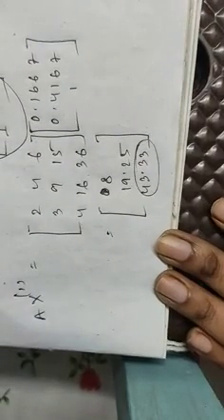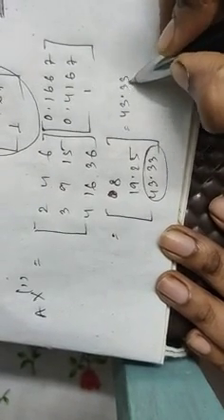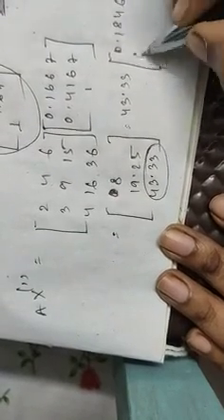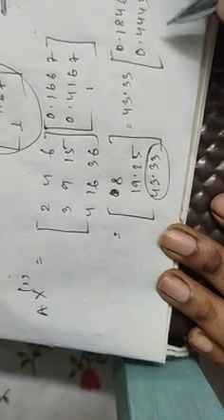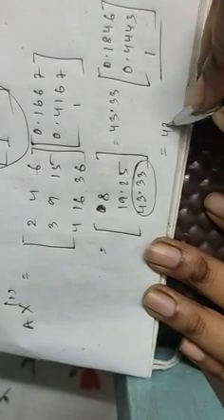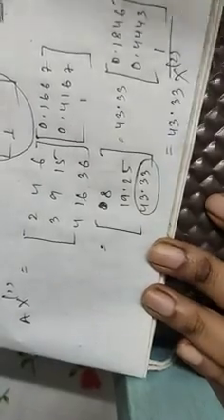Among these three numbers, 43.33 is the largest, so we take it common: 0.1846, 0.4443, and 1, naming it as x2. So we write 43.33 x2.